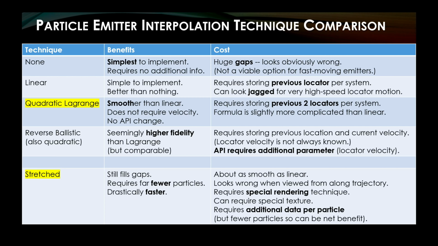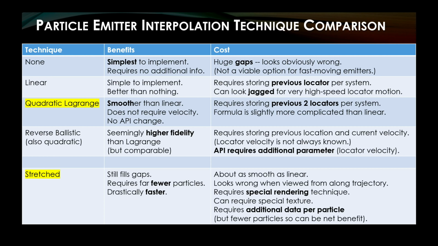The first technique was not to do any interpolation at all. It was the simplest to implement, but it had huge gaps and it looks obviously wrong, and it's just not viable for fast-moving emitters. Then we used the linear technique, and that's simple. It requires only knowing the previous locator, and it could look jagged for very, very high-speed locator motion.